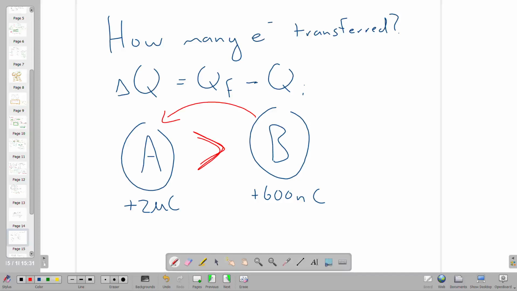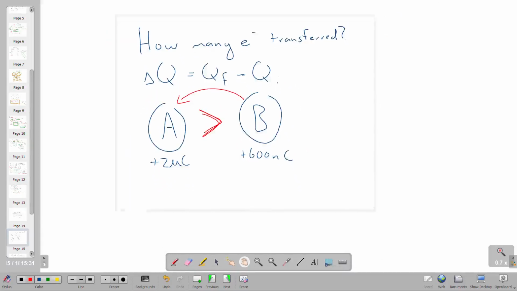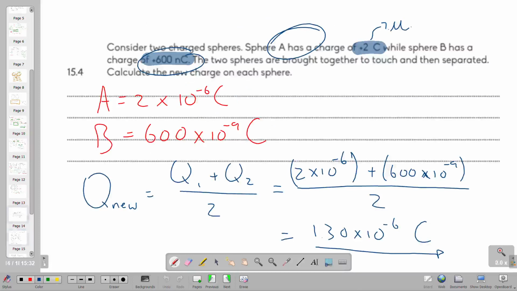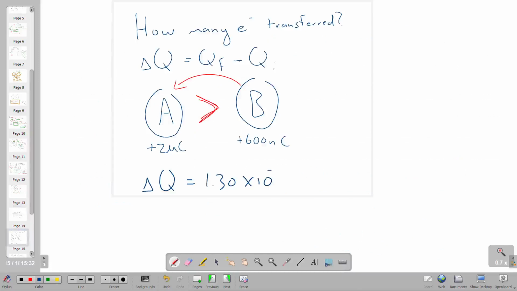Okay, so to calculate the number of electrons transferred, let's take it like this, and then we'll see that delta Q is equal to the final charge, which we calculated is 1.30 times 10 to the negative 6, minus the initial charge, which is 600 times 10 to the negative 9.